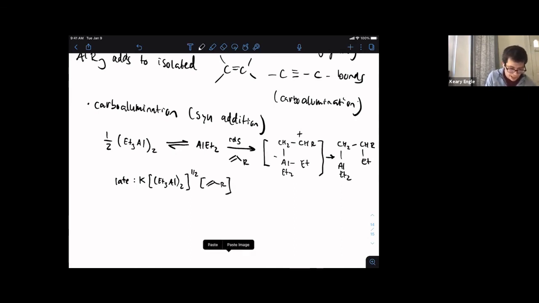The relative reactivities here, I would bet if I asked you to just predict this based on first principles, you would be able to predict this. So here I'm just drawing the relative rates as a function of the alkene substitution.